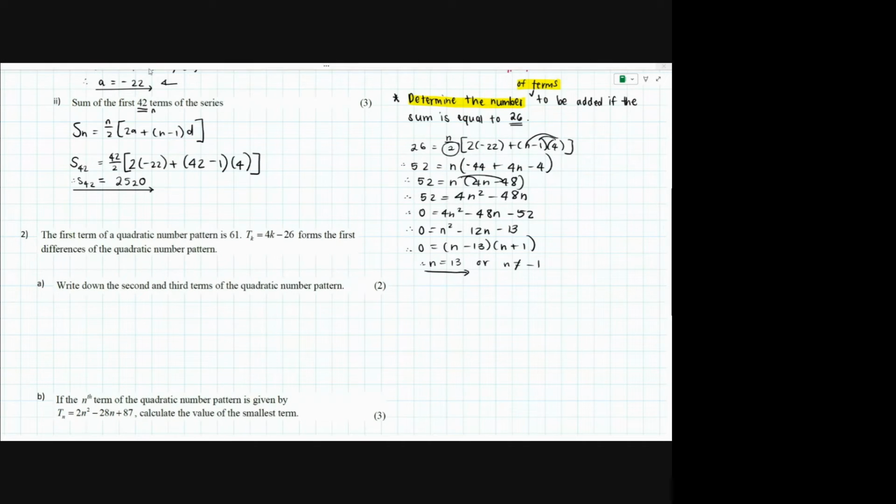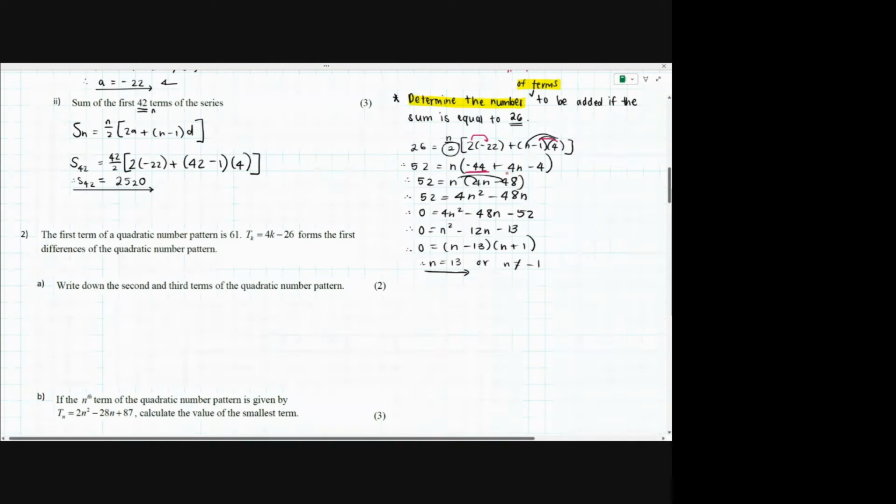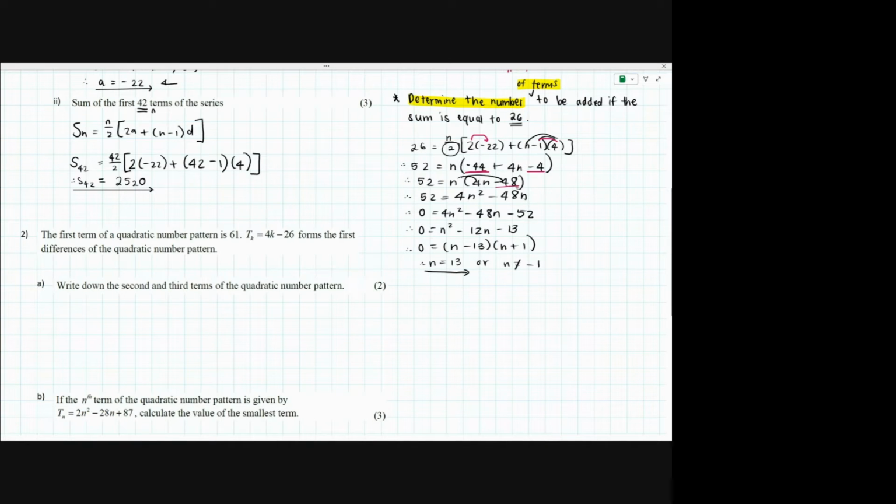Ma'am, how did you get it? I got minus 48 from my like terms. So in the bracket, negative 44, because 2 times negative 22 is negative 44. And then when I distribute the 4 in, I get negative 4. And negative 44 minus 4 gives me negative 48. Okay, so it's from adding my like terms.